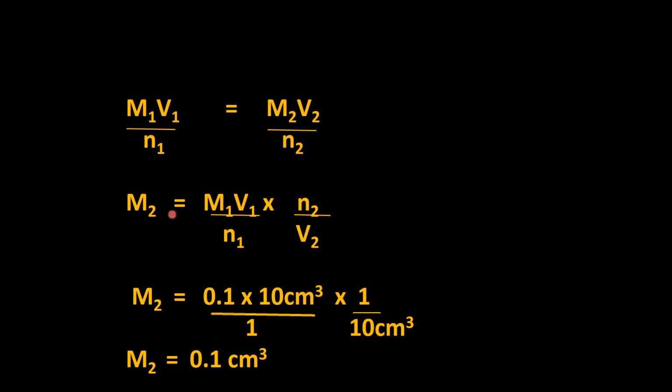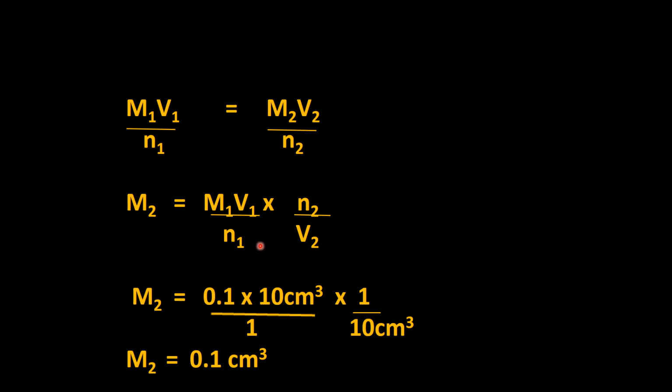M1, the molarity of the acid, is 0.1, and we know it as we are using the standard solution. V1 is 10 centimeter cube. From where do we get it? We get it with the help of the burette. We are dropping hydrochloric acid one by one into the sodium hydroxide solution and noting the reading. This is the difference between the initial and final reading, which is 10 centimeter cube.